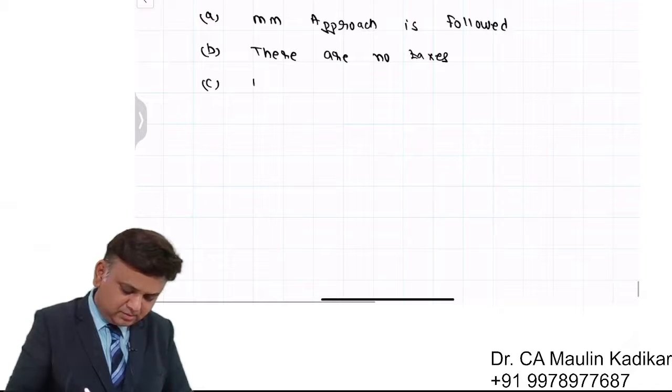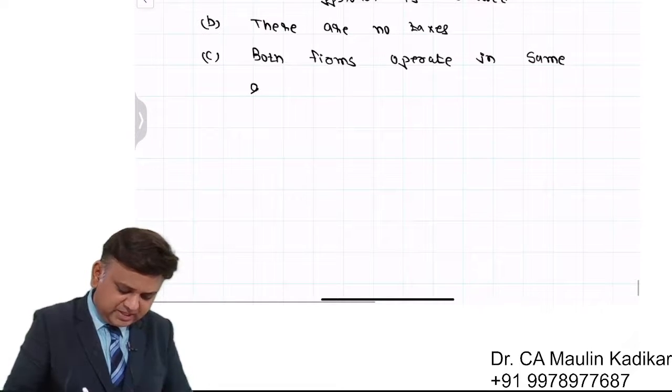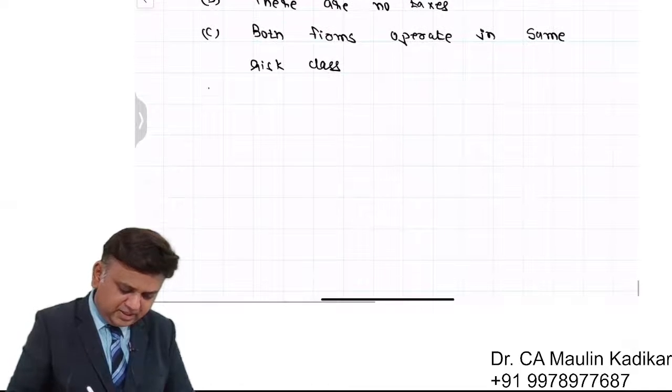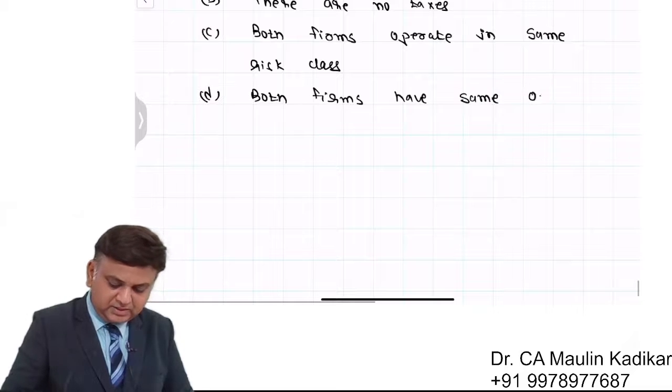C, both firms operate in same risk class. D, both firms have same operating income.